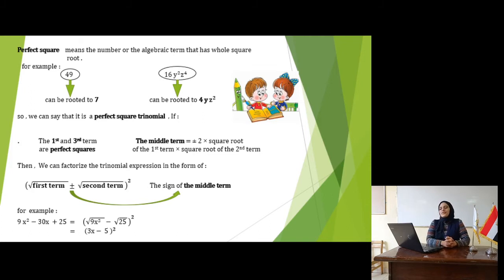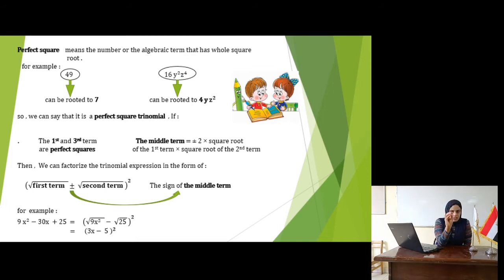So we can say that it's a perfect square trinomial if the first and the third term are perfect squares and the middle term equals positive or negative 2 times the square root of the first term and the square root of the third term.